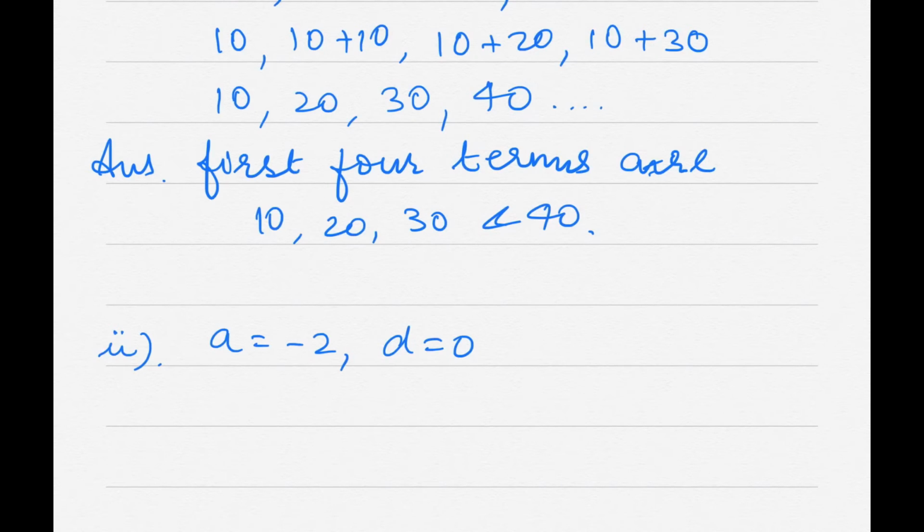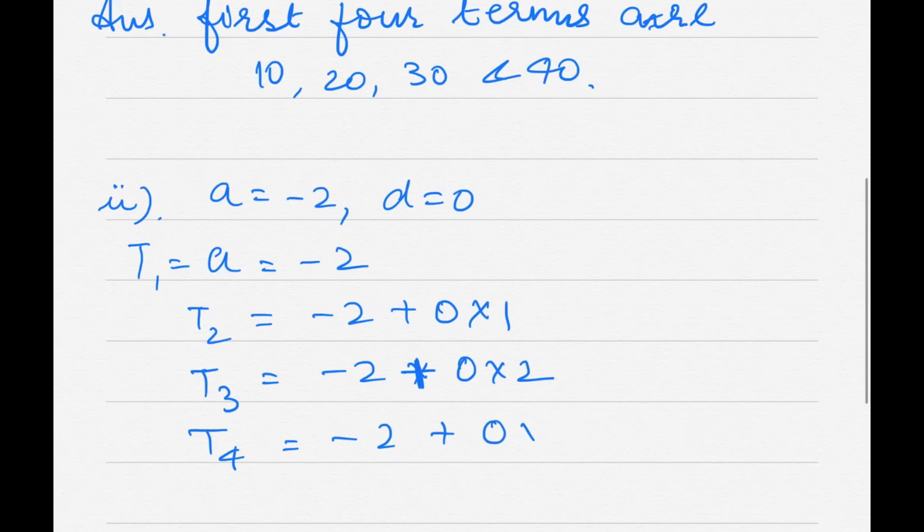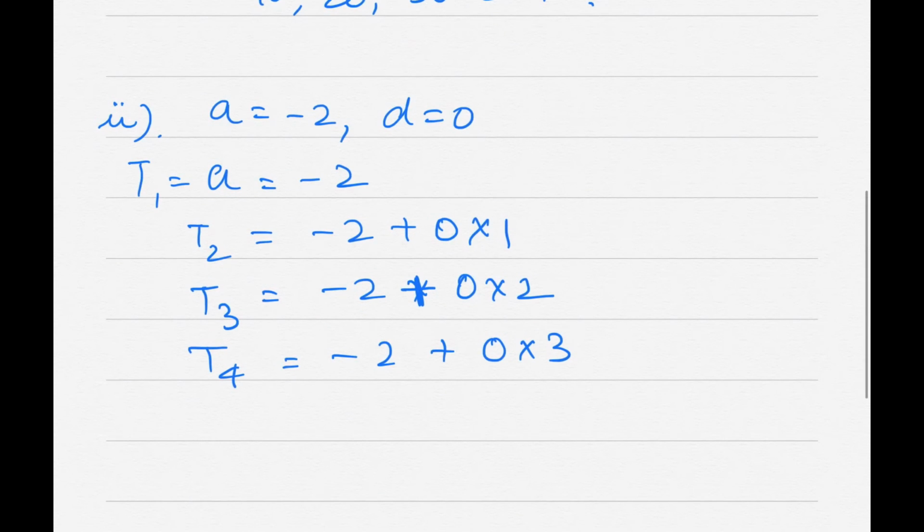So my first term T1 is equal to A, which is minus 2, so T2 will be equal to minus 2 plus 0 into 1, and the third term will be equal to minus 2 plus 0 into 2. Then the fourth term will be equal to minus 2 plus 0 into 3. So that gives all my terms.